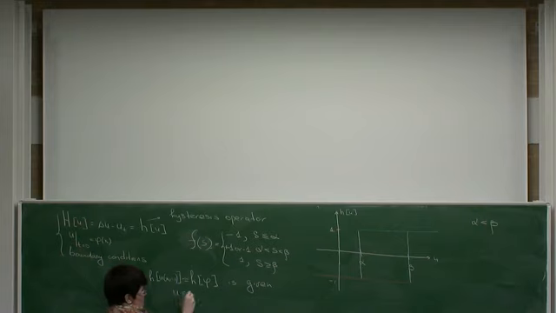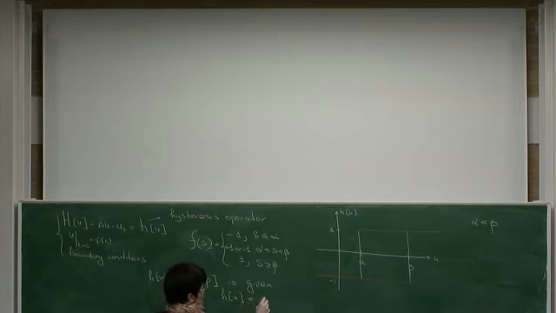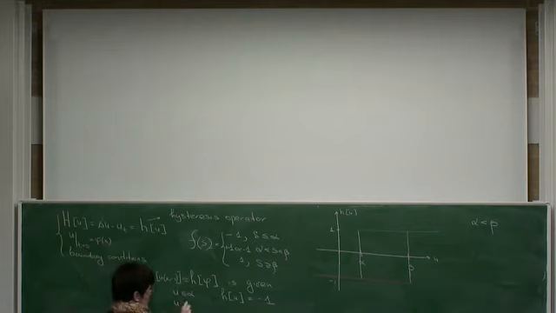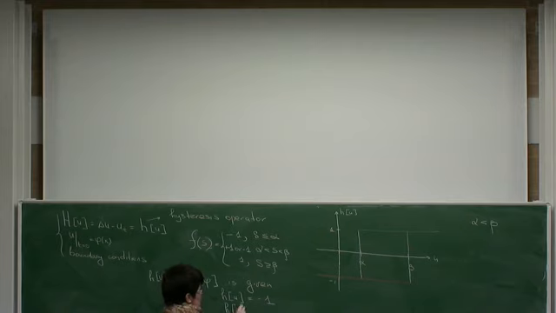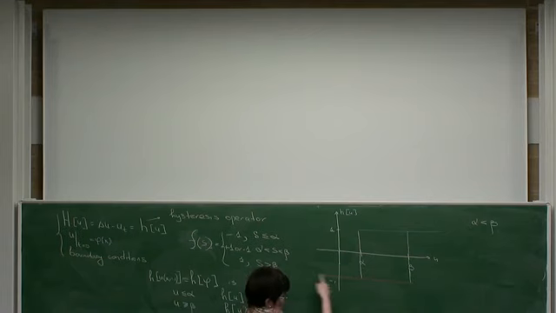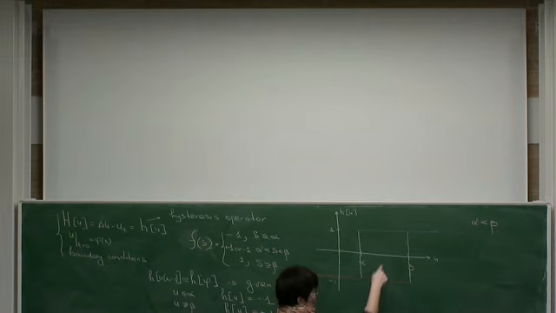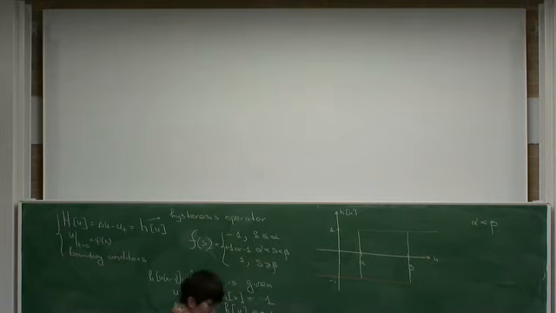If u is less than or equal to alpha, then our hysteresis operator gives us -1. If u is bigger than or equal to beta, then here I get +1. You can see here is -1, here is +1. And if u is between alpha and beta, then our hysteresis operator takes the same value as it had before.